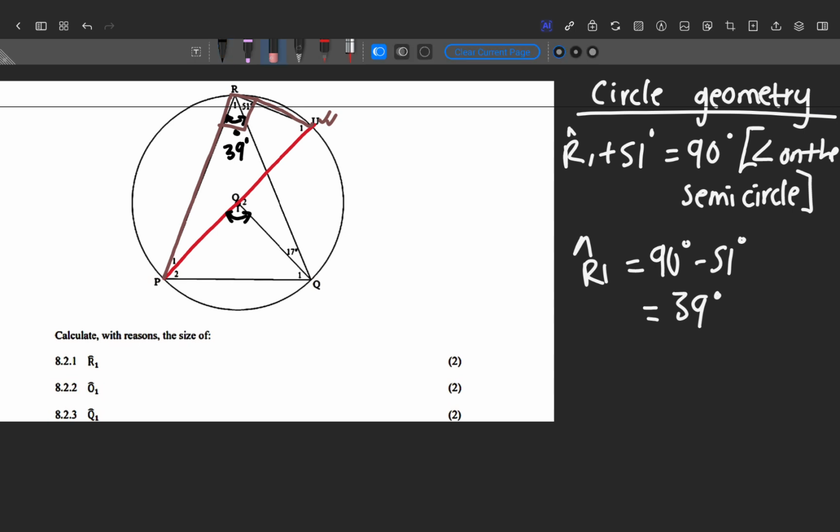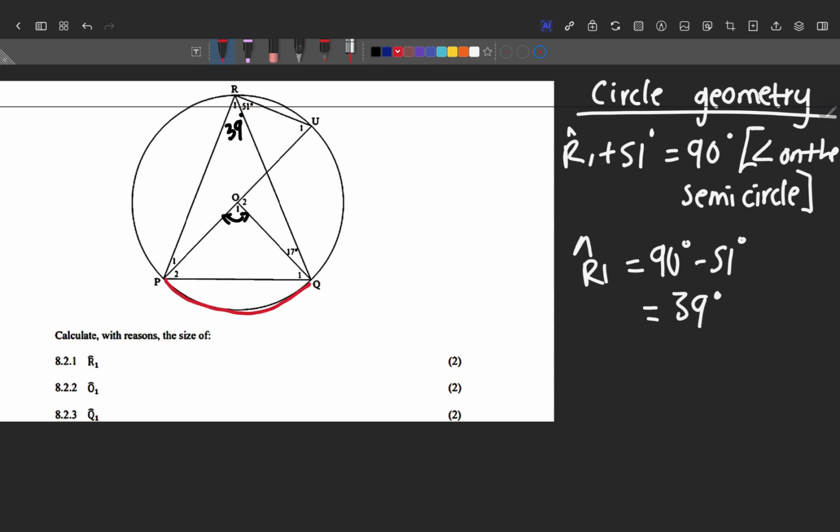I know some of you are confused, but I got you. Let me first erase this. I'm still going to write the 39 here. Which one is our arc? Our arc is PQ.